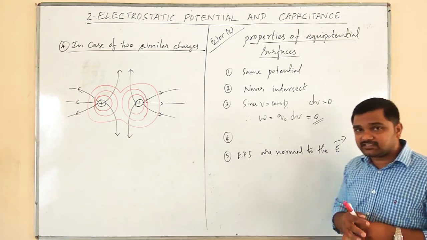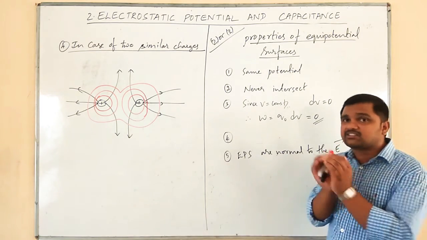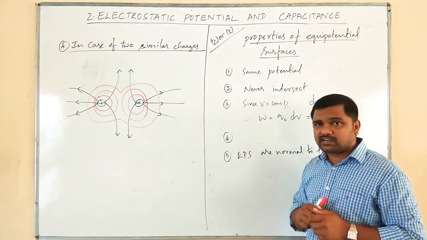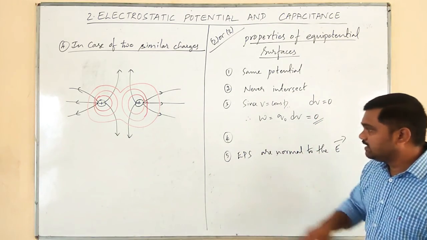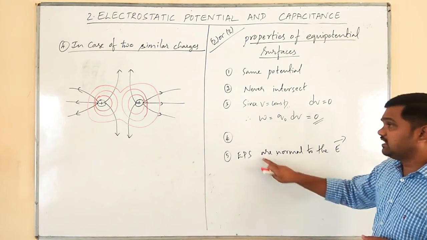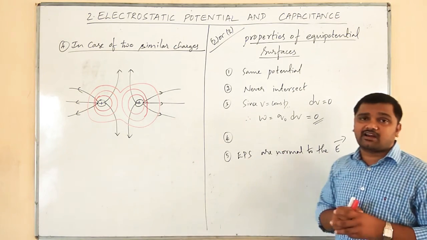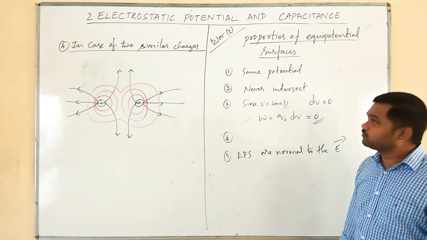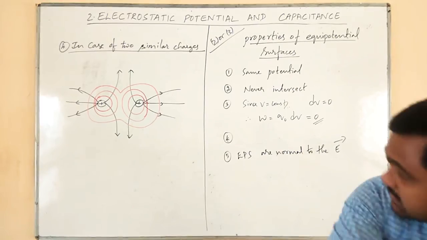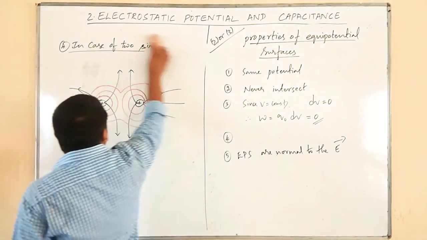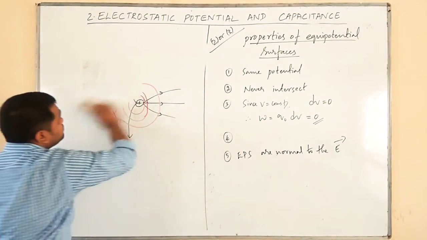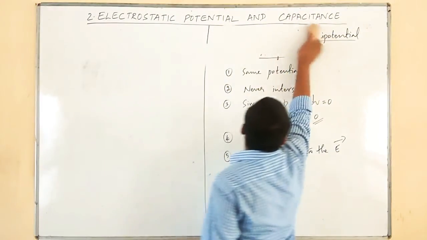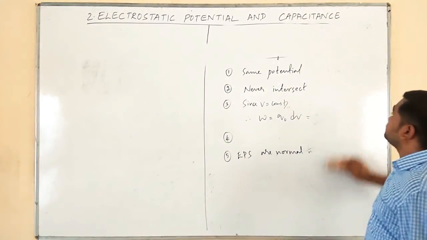Fourth, they are very close at strong electric field regions and farther apart at weak electric field regions. Fifth, equipotential surfaces are always normal to the direction of electric field.